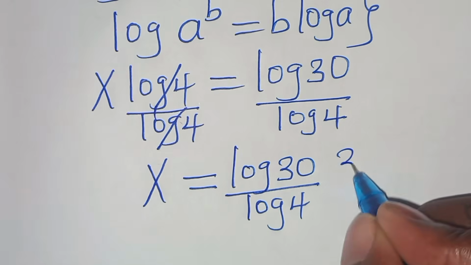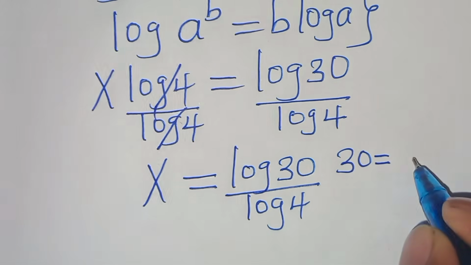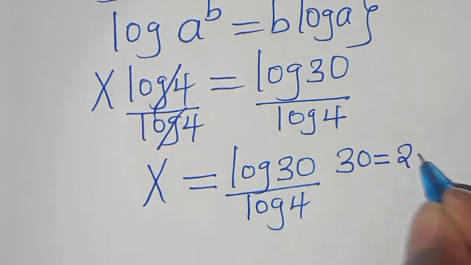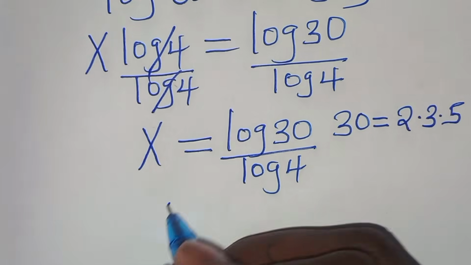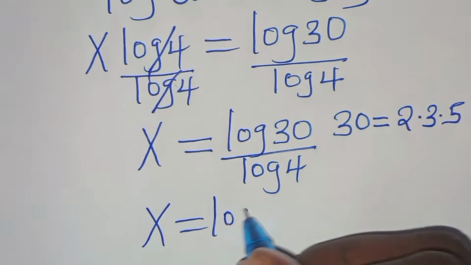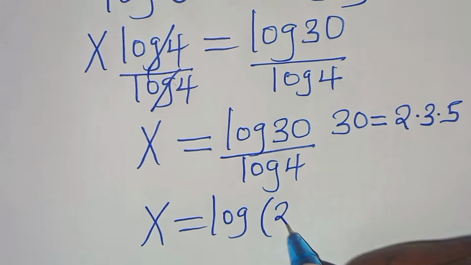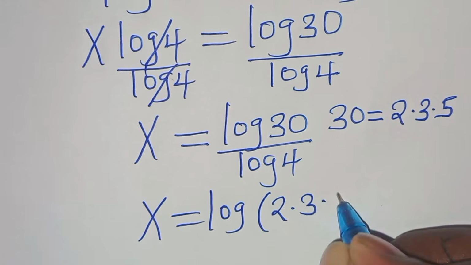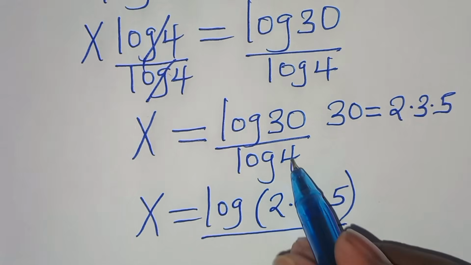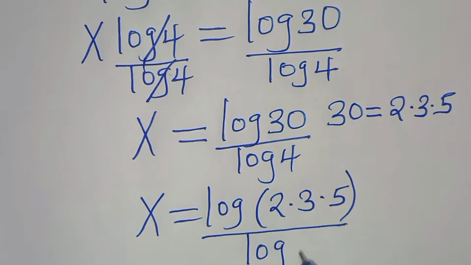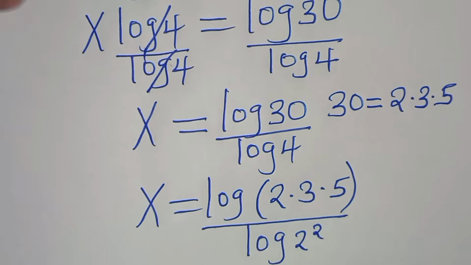Now we can express 30 as 2 multiplied by 3, then multiplied by 5. So this is log of 2 times 3 times 5, divided by log 4, which is log 2 to the power of 2.